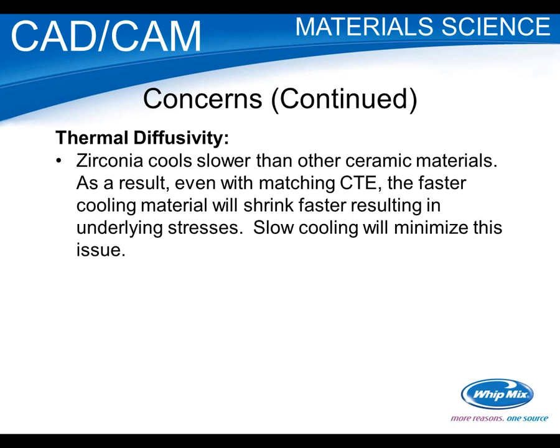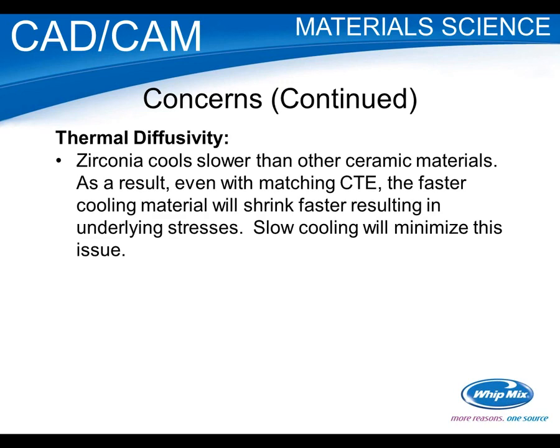And then finally someone realized, hey, the difference is in that thermal diffusivity. Wow, sorry. Is that the zirconia cools slower. All right, so if they both shrink the same amount upon cooling, but one is cooling slower, then relative to the other, it's going to shrink faster. And that was the problem.